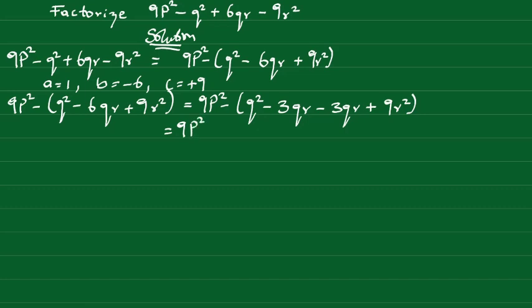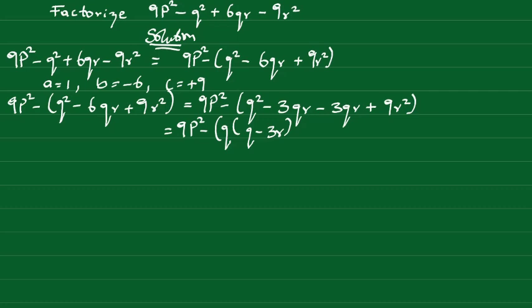We have 9p squared minus bracket open q bracket open. We factor out q from q squared minus 3qr, so we're left with q minus 3r bracket close.